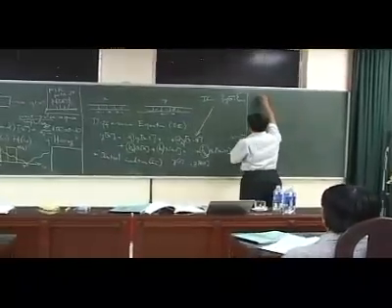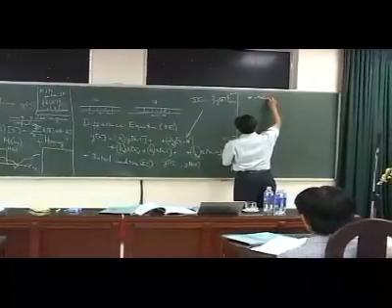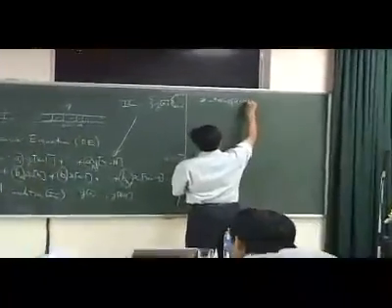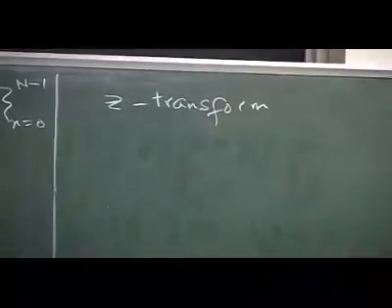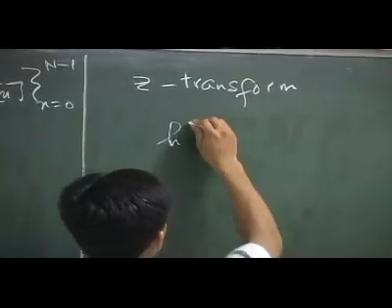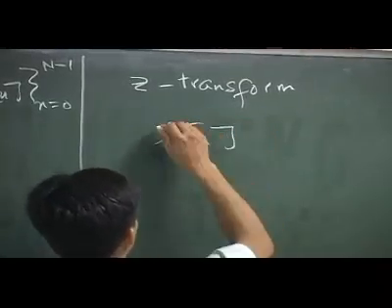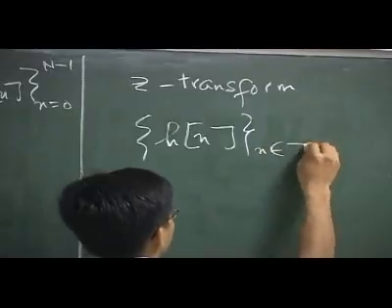So the Z transform, okay, a lot of you are already familiar with that. It is defined as follows: let's say I have a signal h of n, and n is an integer.